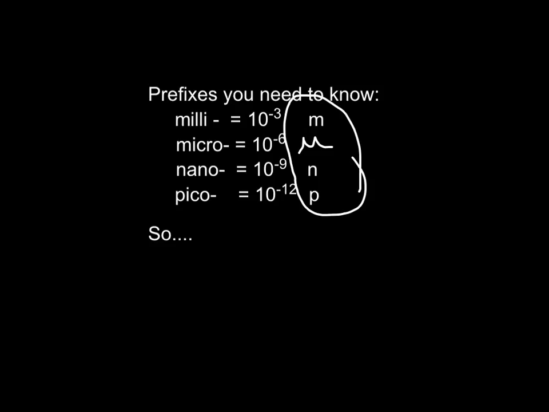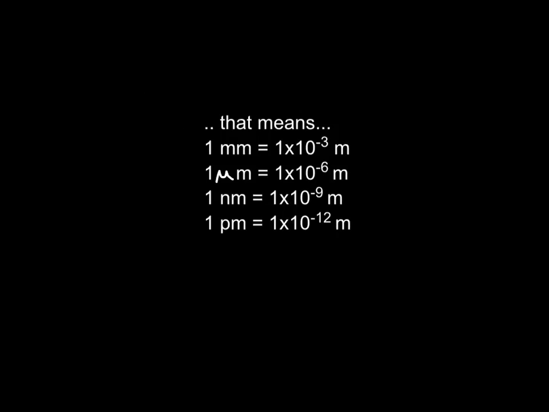And the one there that looks kind of funky, I had to hand write that. That's a mu for micro. So it's a Greek letter, actually. It's kind of like a U with an extra tail on the front. So that means this, to kind of put things in perspective, right? 1 millimeter is 10 to the negative 3rd meters. As you work your way down, 1 picometer is 1 times 10 to the negative 12th meters.